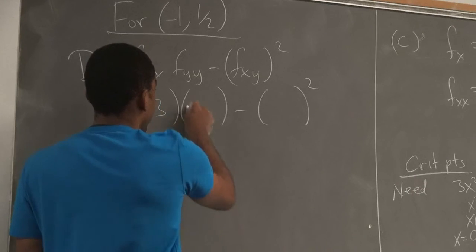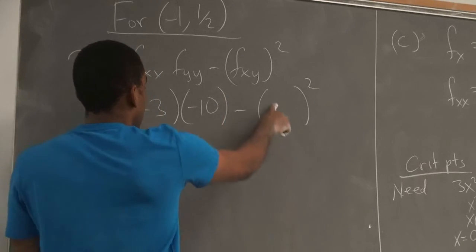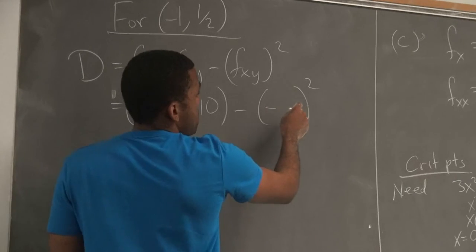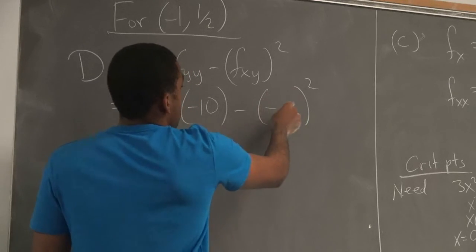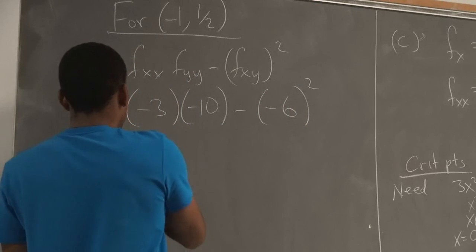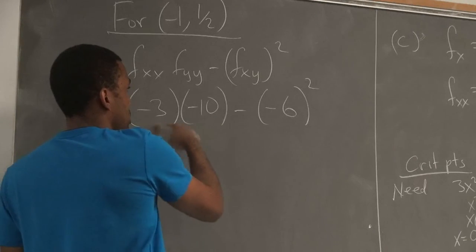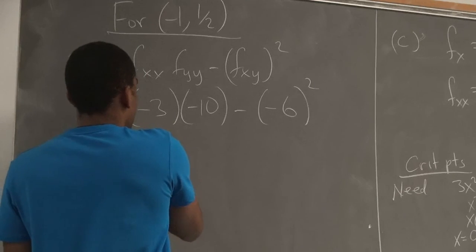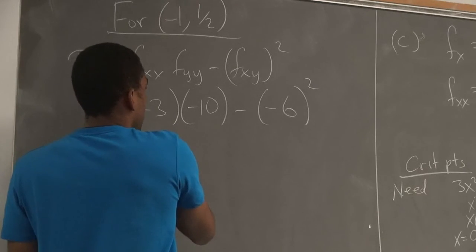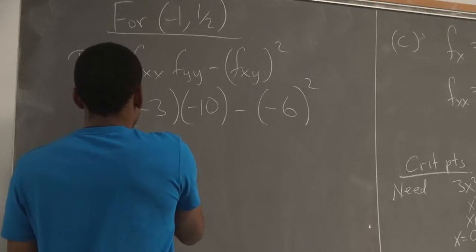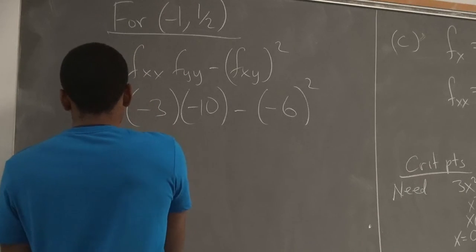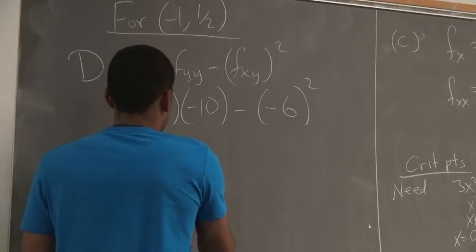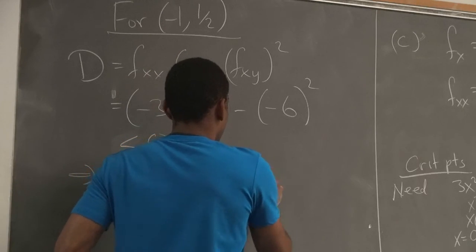Minus 10. And this is minus 6, 32, minus 6, 96. Which is greater than 0, right? Because this is 30, this is 36. 30 minus 36. That's 0. This is less than 0. This means what? Saddle point, right? Saddle point.